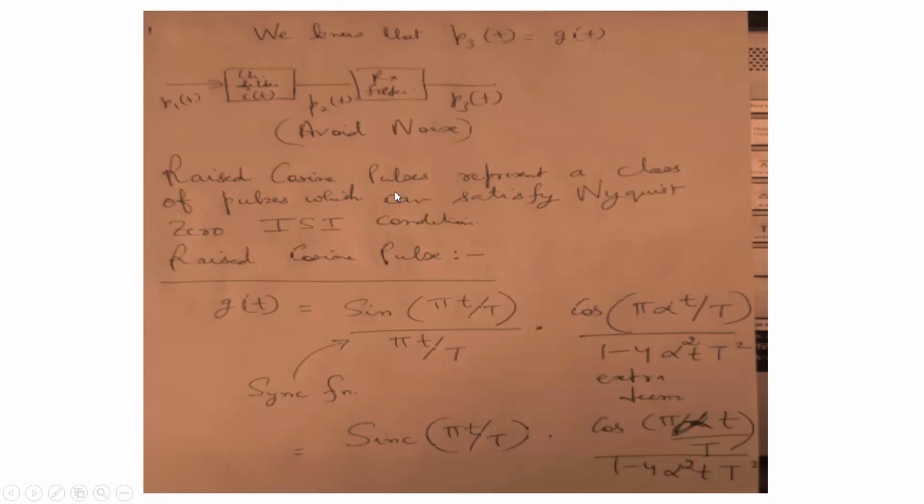Now raised cosine pulses represent a class of pulses which can satisfy the Nyquist zero ISI condition. So what are raised cosine pulses?